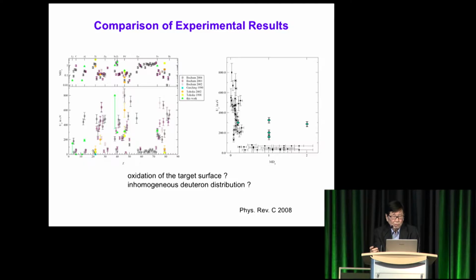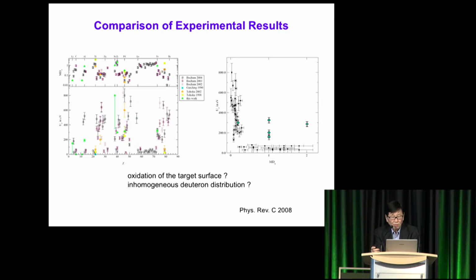These two figures show an overall comparison of the experimentally determined screening energy U_e of different targets, and also a comparison of different deuteron stoichiometry, MDX. No particular dependence can be recognized.